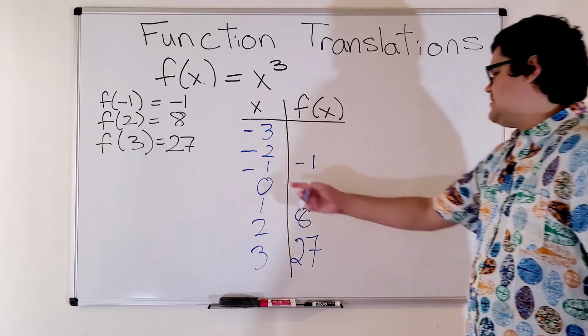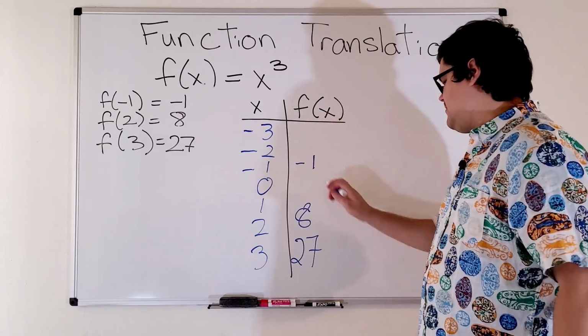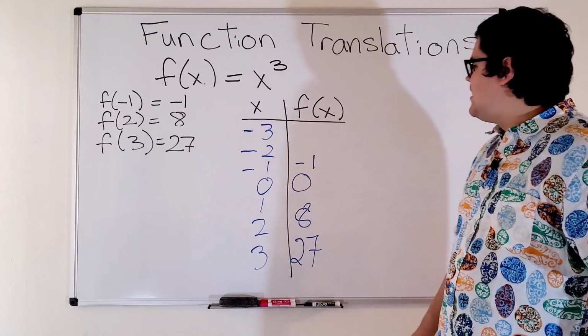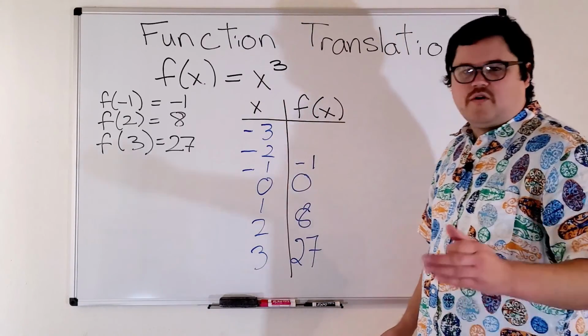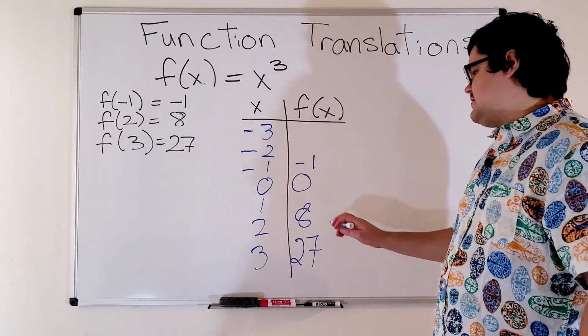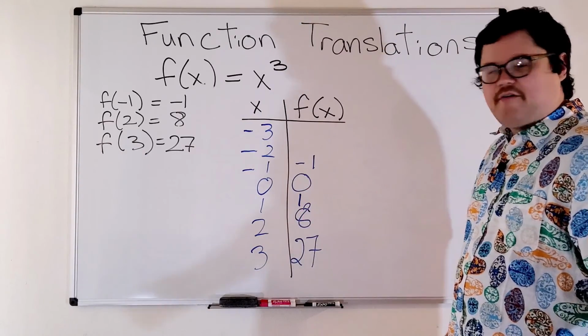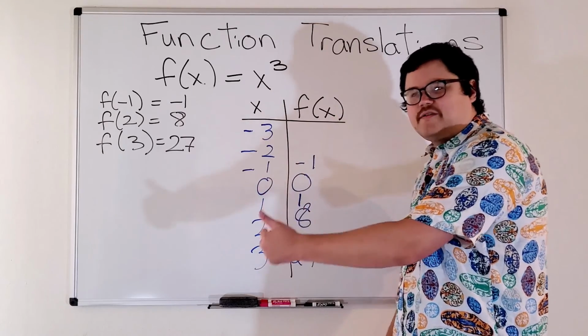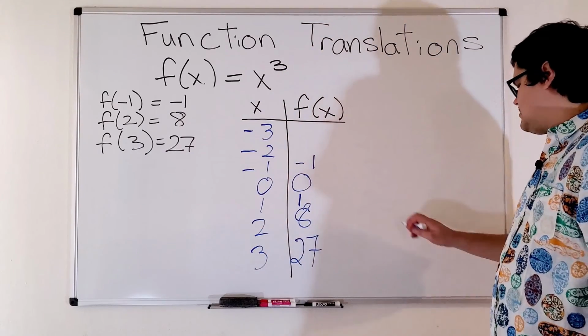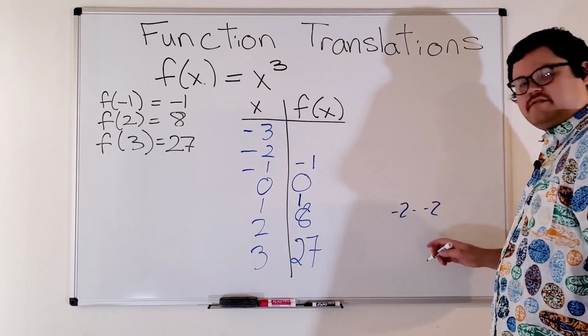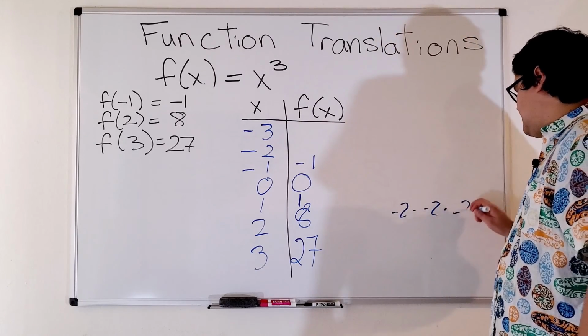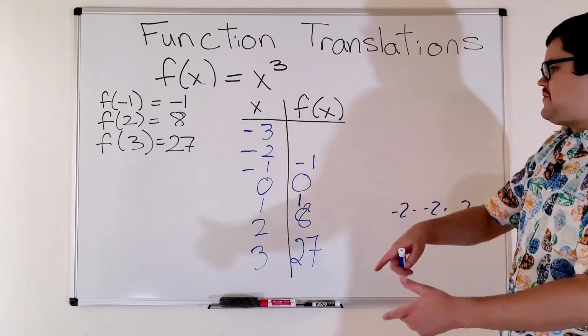Well, f of 0, 0 times 0 times 0, that's a big fat 0. F of 1, 1 times 1 times 1, that's a big skinny 1. F of -2, well, negative times negative is positive. -2 times -2 is +4. And then you multiply by -2 yet again, switch back to -8.